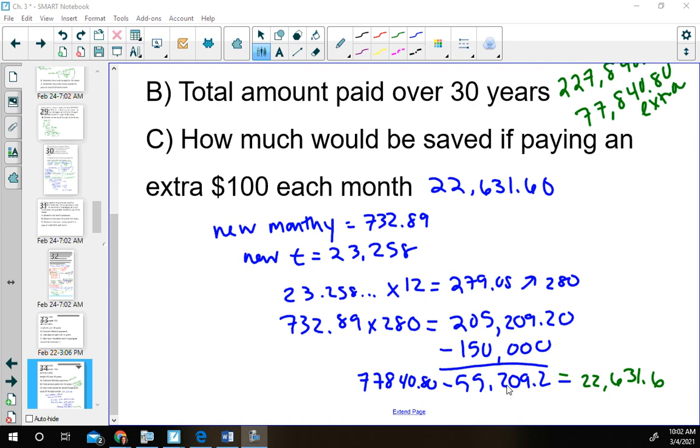I got $55,209. Okay, I took that off of, there's one too many sevens in there. So the amount I paid without the extra $100 a month was $78,000. So when I take off the $55,000, I'd actually be saving around $22,000.